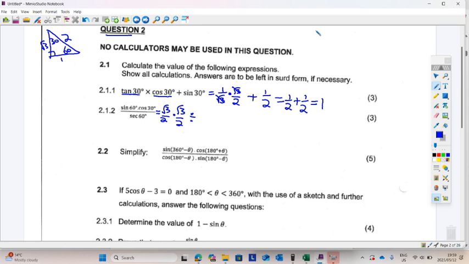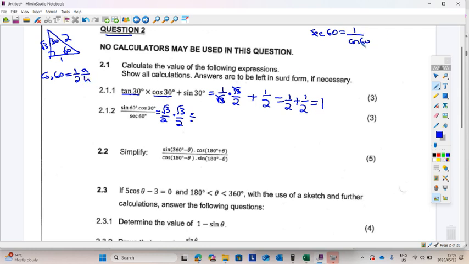Sec 60, let me write it here. Sec 60 is the same as 1 over cos 60, right? And we said cos 60 is 1 over 2. That is adjacent over hypotenuse.